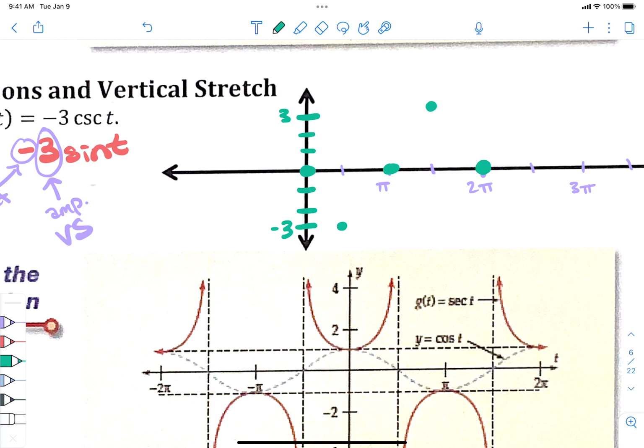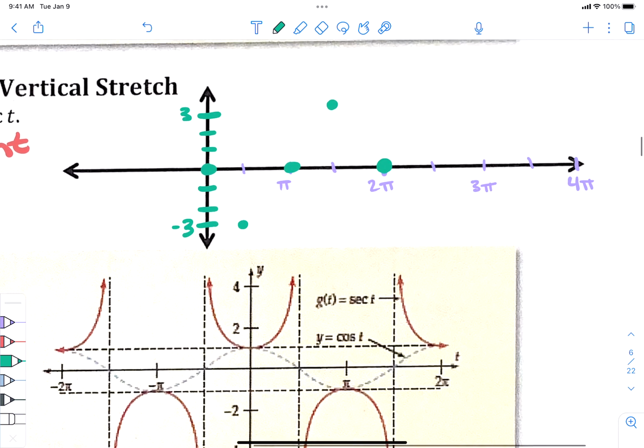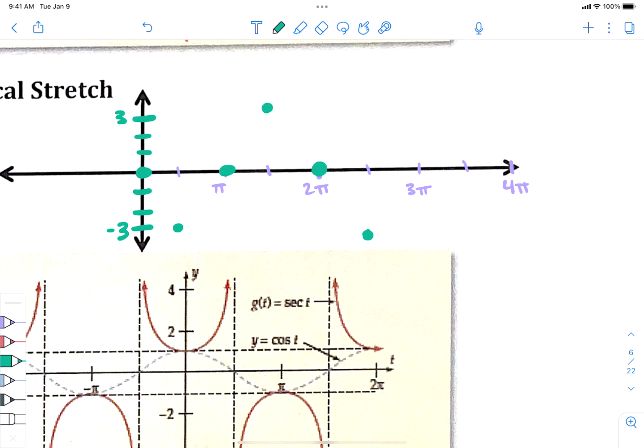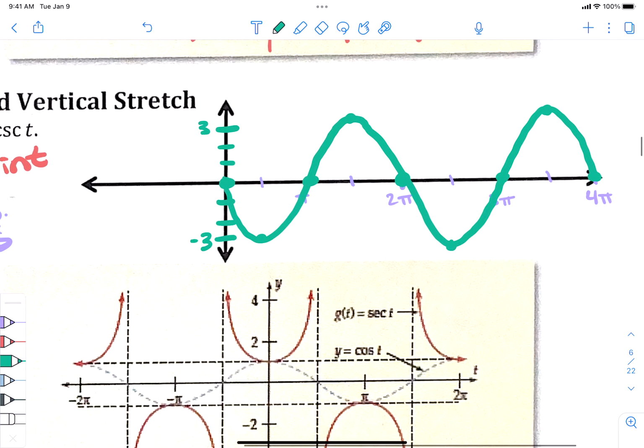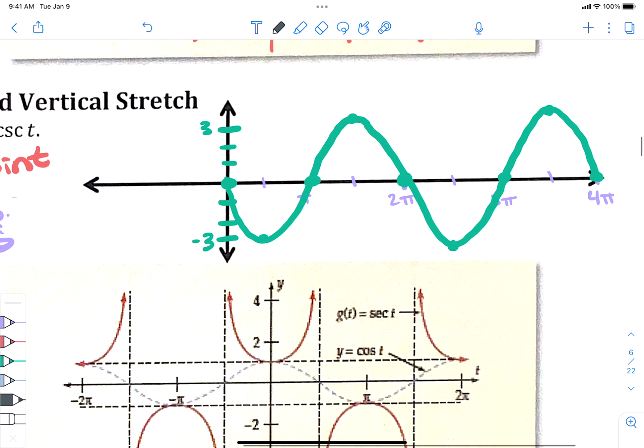You see my 5 dots where it curves. Now I'm going to do it again. I'm going to go down to -3, back to center, up to 3, back to center. There are my 2 full periods of sine, and that's what it looks like. Okay, very nice.